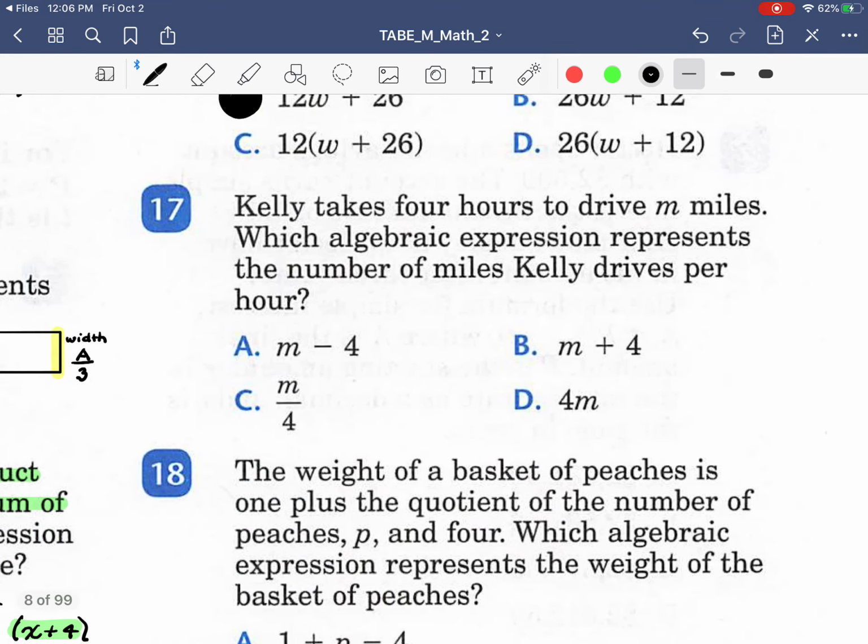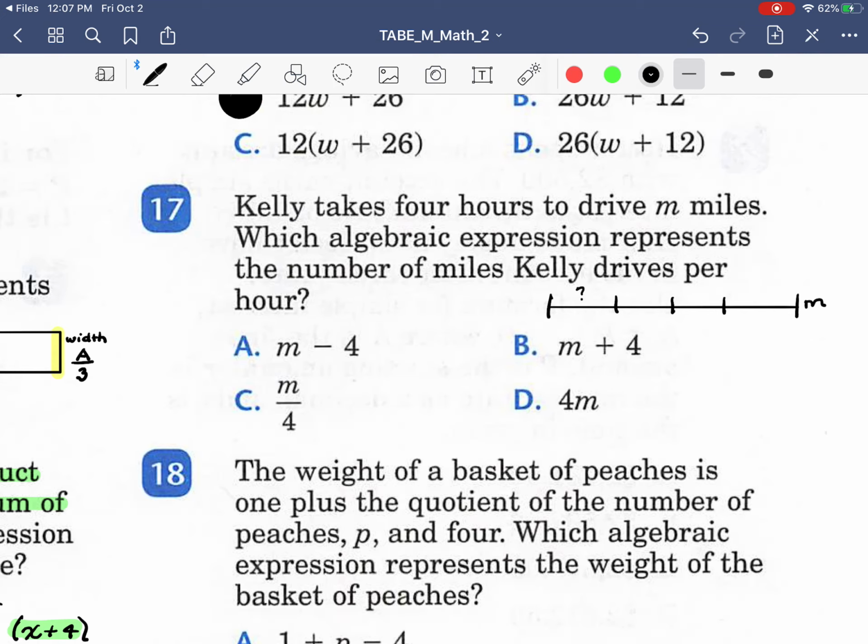Kelly takes 4 hours to drive M miles. Which expression represents the number of miles Kelly drives per hour? If you've been with me for very long, I always draw something that's moving. And she's definitely moving. Her total distance is M miles, and it took her 4 hours to do that.